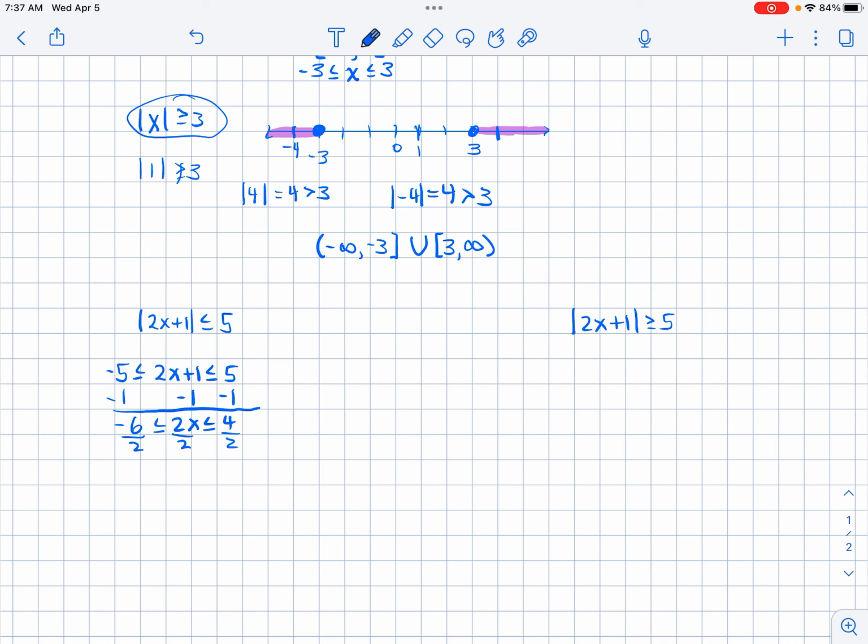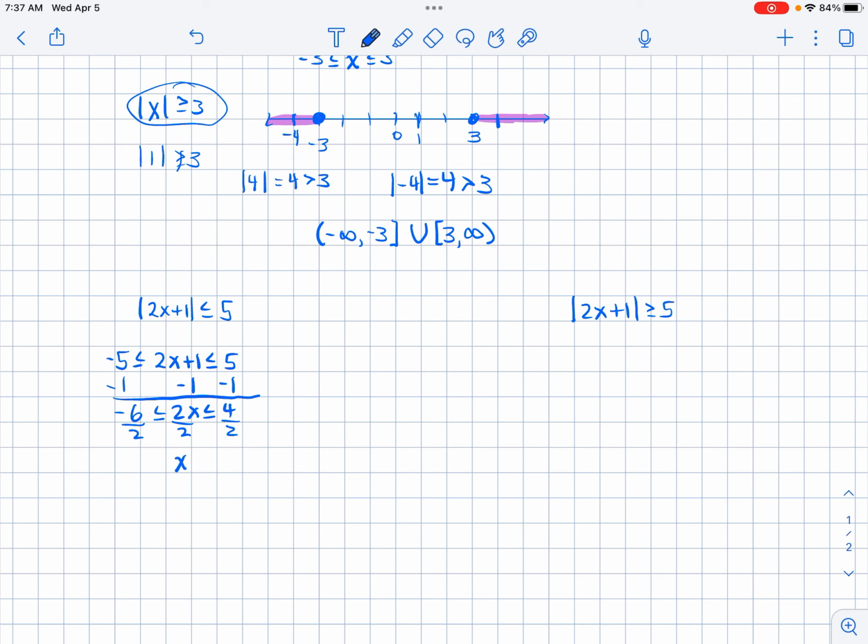This is different from a regular inequality or a two-sided equation, because on those, what we do to the left, we do to the right. Now, what we do to the middle, we do to the left and to the right. So notice we've got x less than or equal to 2, greater than or equal to negative 3. So there's our solution, negative 3 to 2.